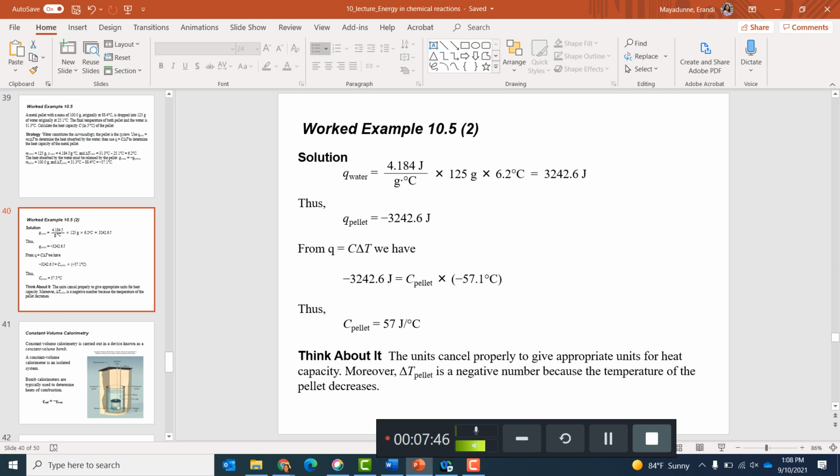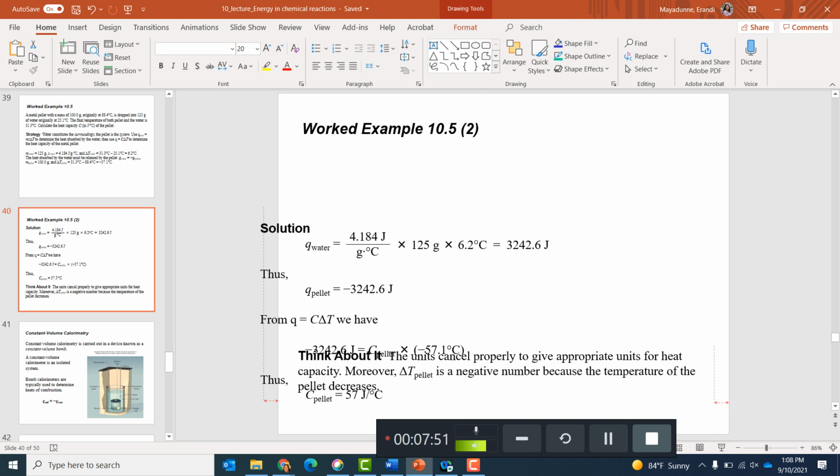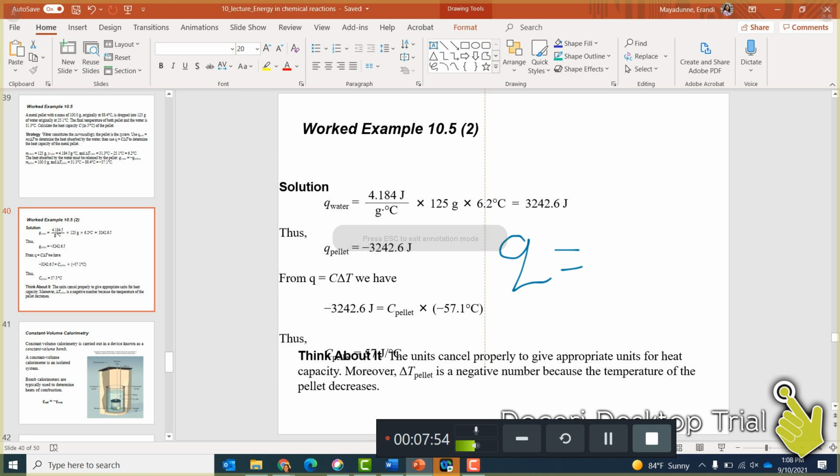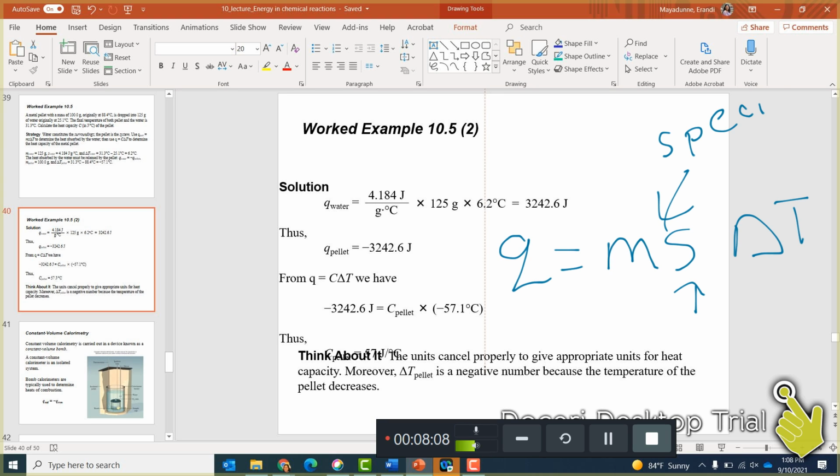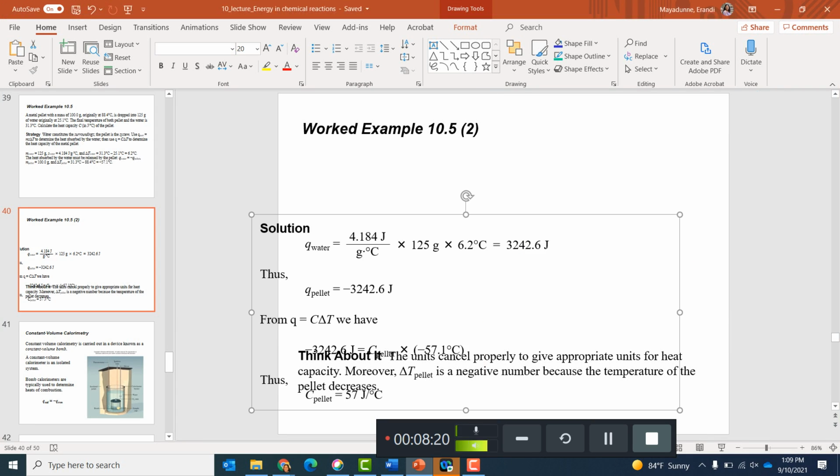Heat capacity is the combination of m s delta T and heat. We call s the specific heat capacity, but in this case C is both m and s combined, and we call C the heat capacity. So you just get this term from this side and then multiply.